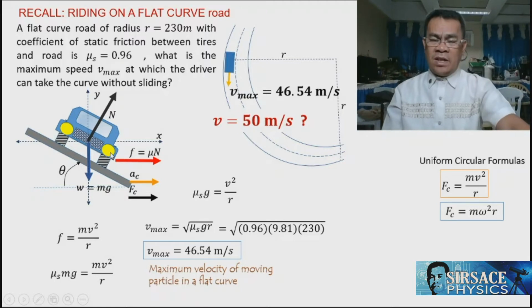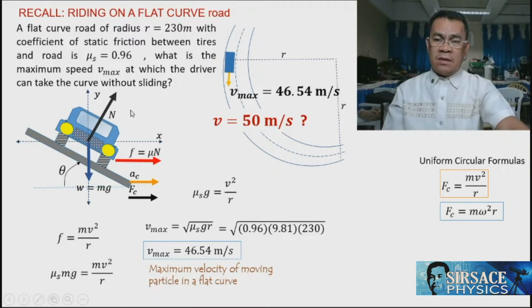Take note, why is it that this is the solution to have more velocity? The reason is, look at the normal force. In the previous figure, this normal is lying along the y. So therefore, the normal force doesn't have a contribution towards the center of the circle.